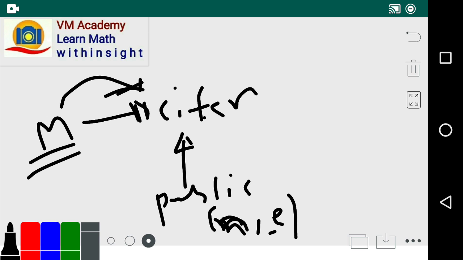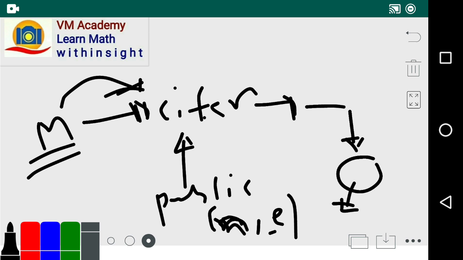So this forms the public key, and then the cipher text is transferred through the network, and the receiver gets this cipher text. The cipher text is decrypted by the receiver with the help of the private key.